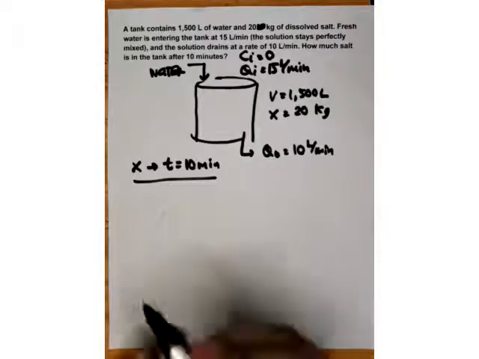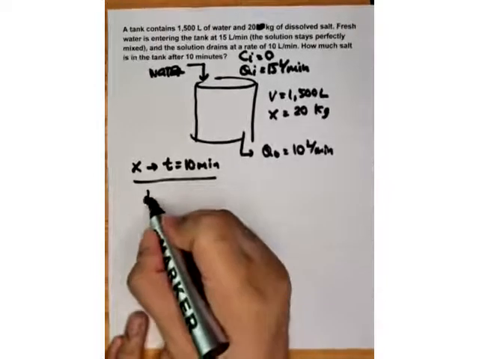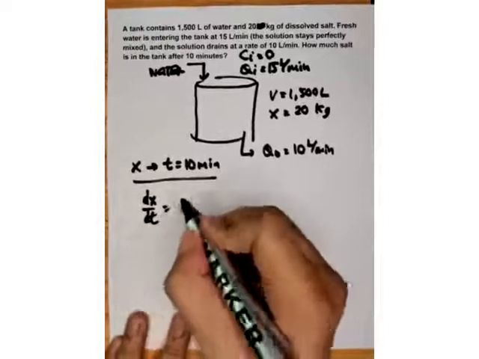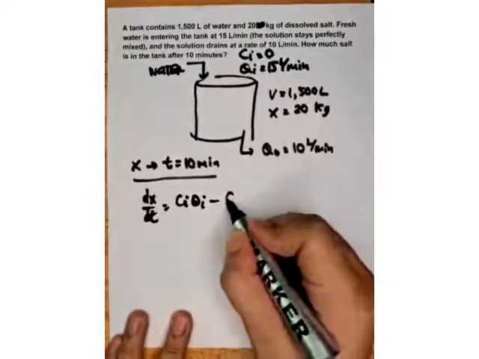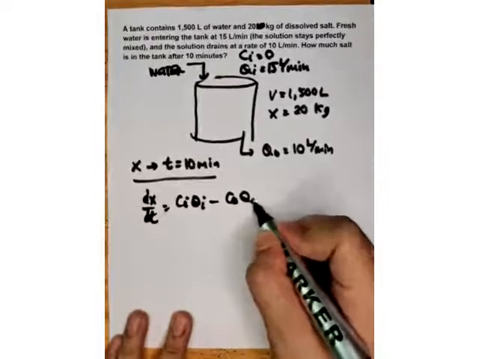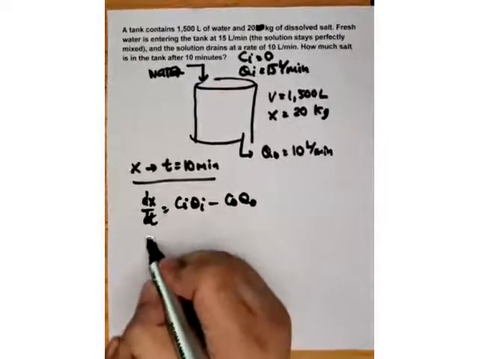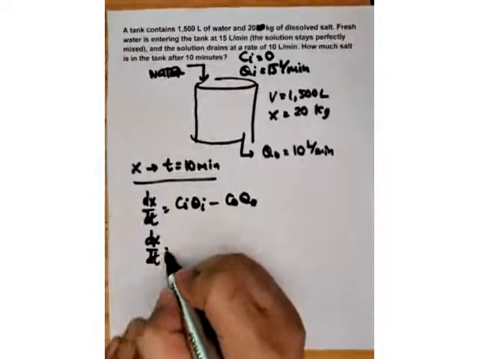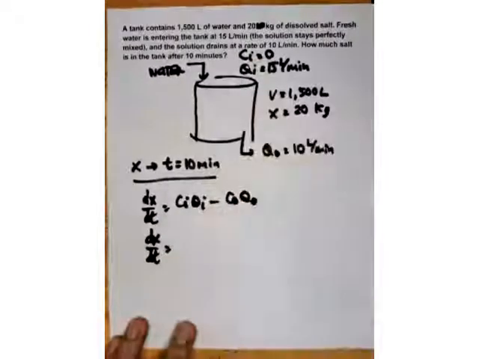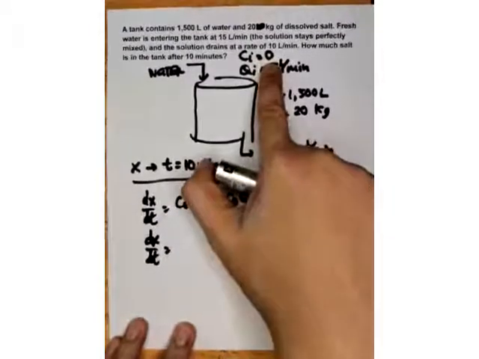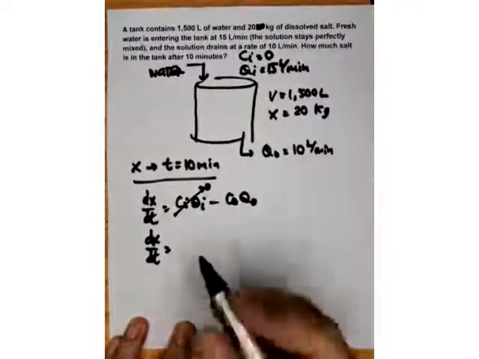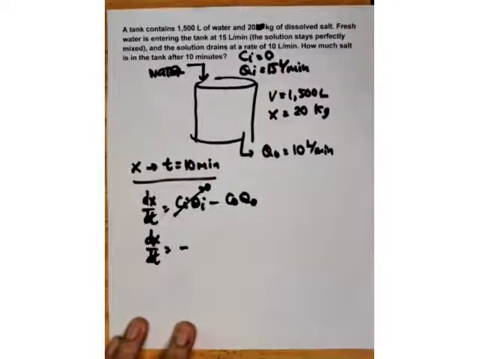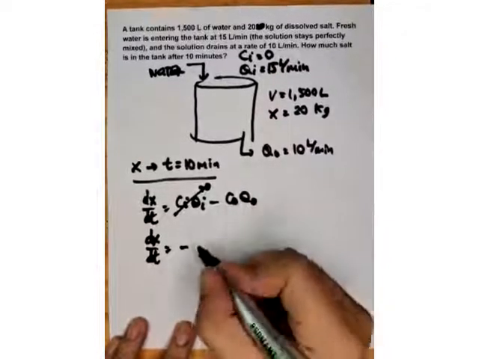So, formula pa rin naman natin is dx over dt is equal to C in Q in minus C out Q out. So, dx over dt is equal to, yung in natin is 0, kasi water lang yan. So, therefore, this will be 0. So magiging na lang siyang negative. Yung C out, yung Q out natin, that's 10.